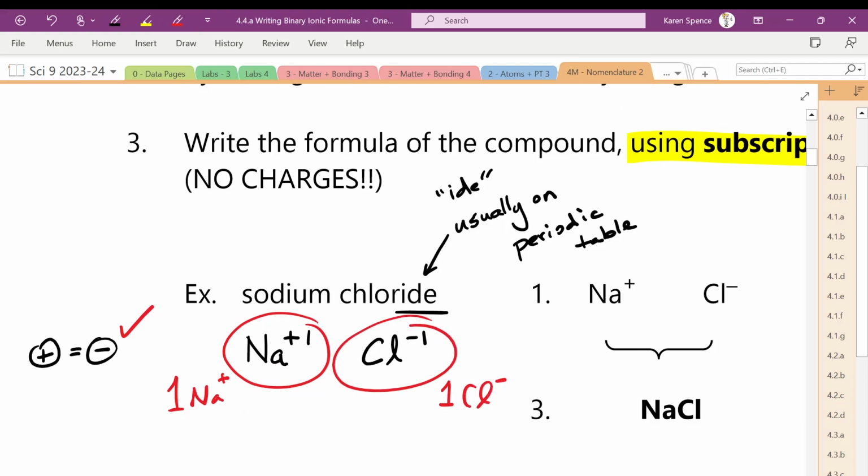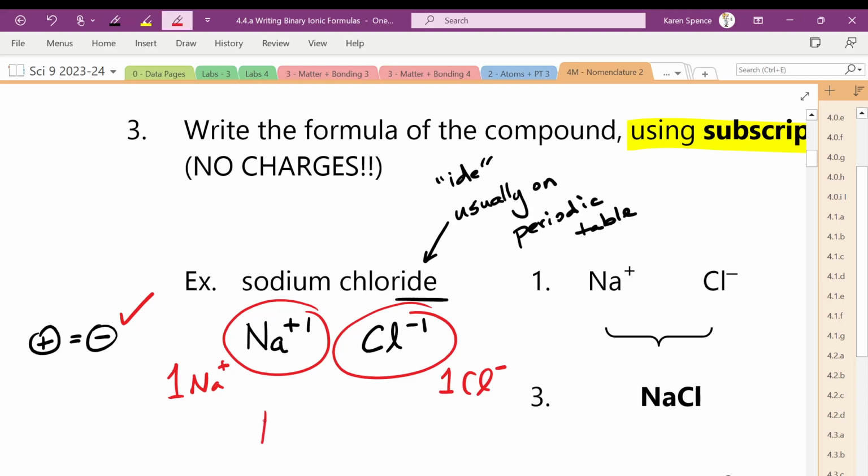So when we write the formula, we simply write Na. Do we write a little 1 at the bottom, or do we just leave it? We just leave it. And then we write a Cl. Do we write a 1 at the bottom, or do we just leave it? We just leave it.